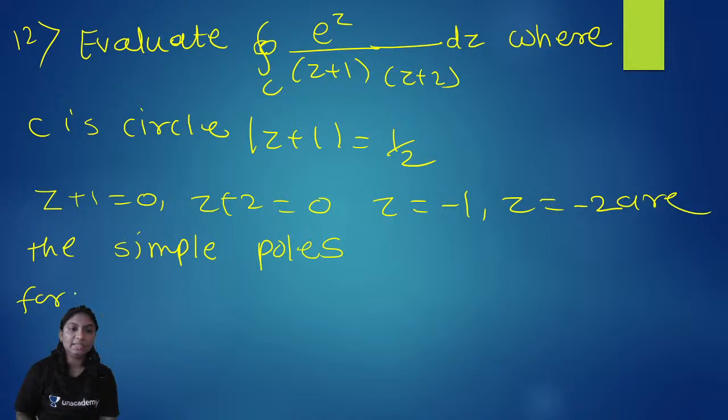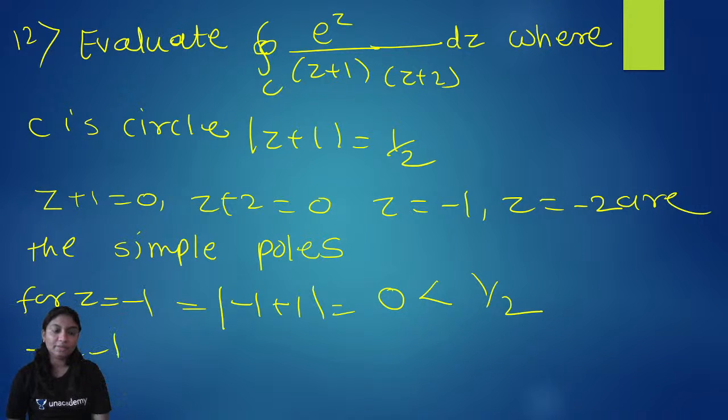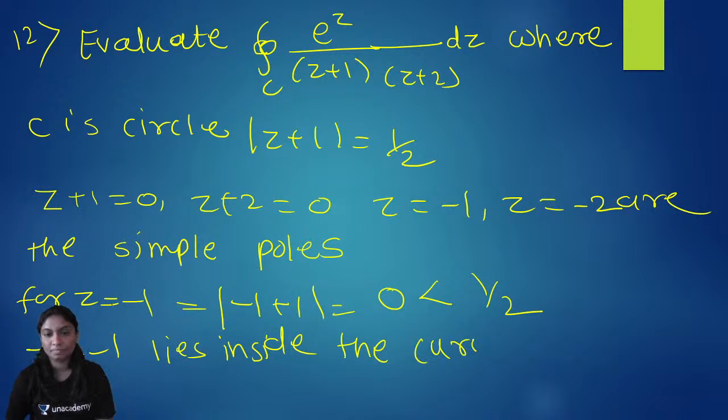For z equal to minus 1, |minus 1 plus 1| is 0, which is less than 1 by 2. So z equal to minus 1 lies inside the curve C.